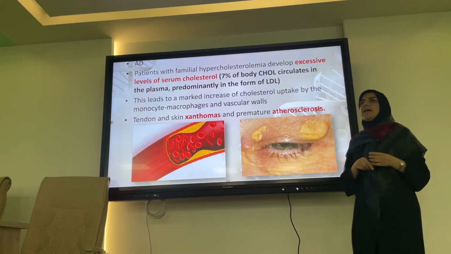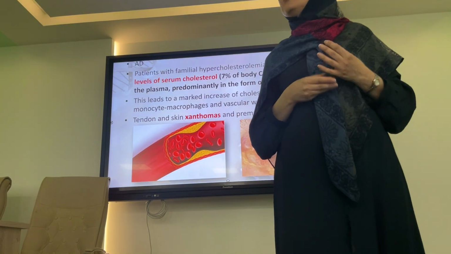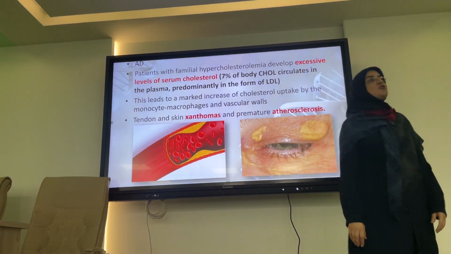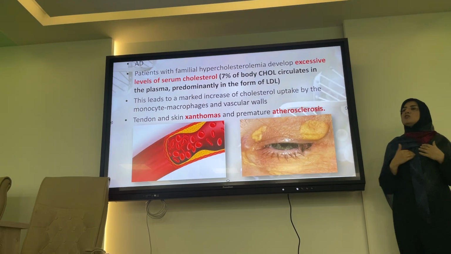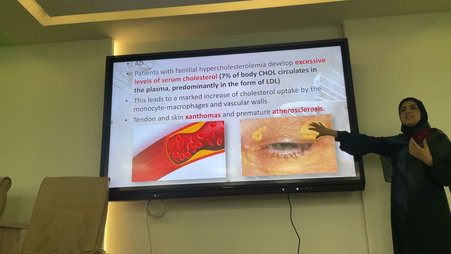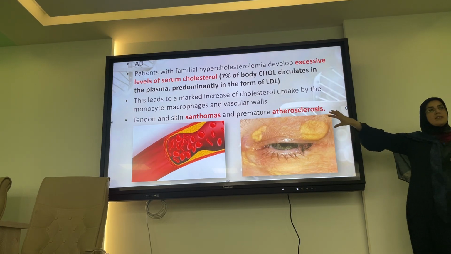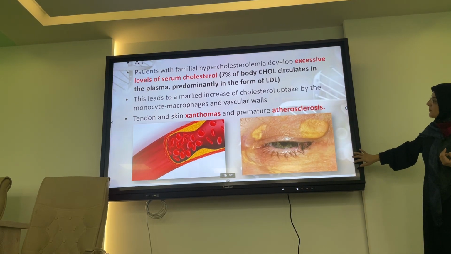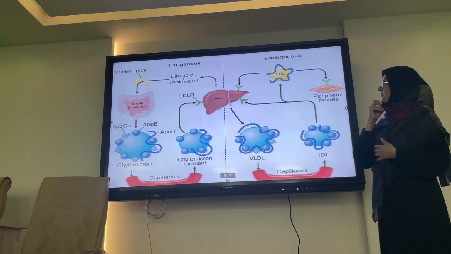And when it's in another part of the skin, we call it xanthoma. Or inside the body, around the joint, the accumulation of cholesterol, we call it xanthoma. And you can see the yellow color because of the lipid that accumulates inside these areas.